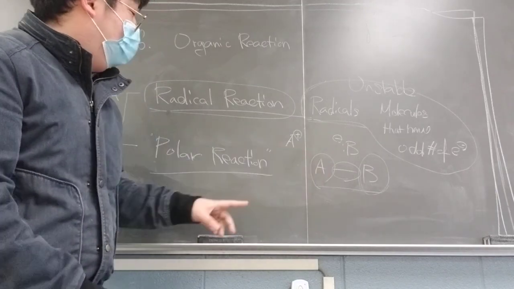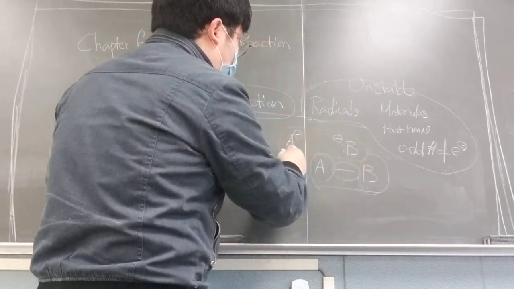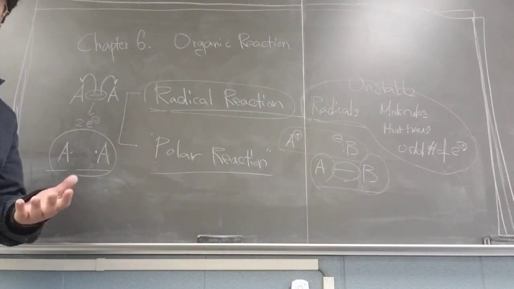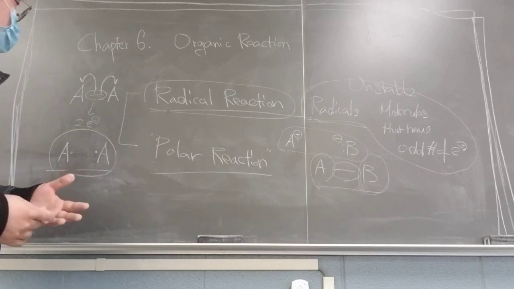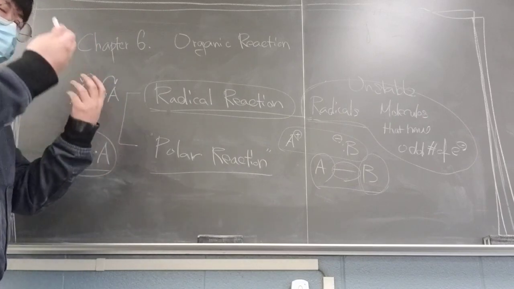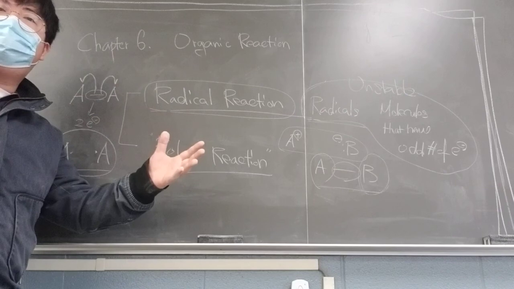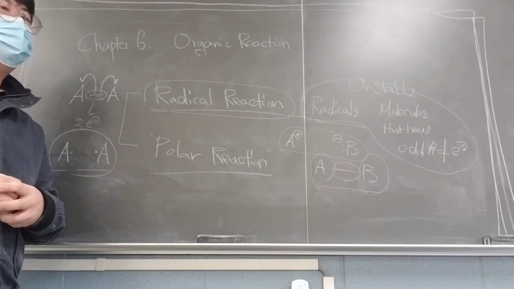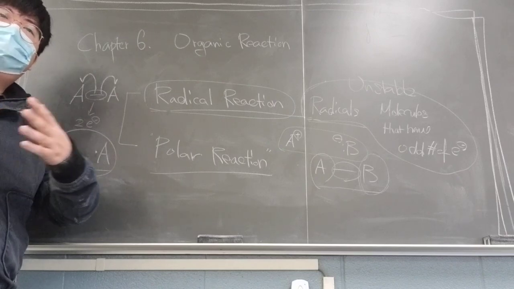We call this polar reaction because it involves polarity, some electronegativity factor. But the radical is simply homolytic cleavage of the bond, so each gets only 1 electron. That is the major difference between these 2 reactions. You may need to know this whenever you try to explain something in a mechanism.